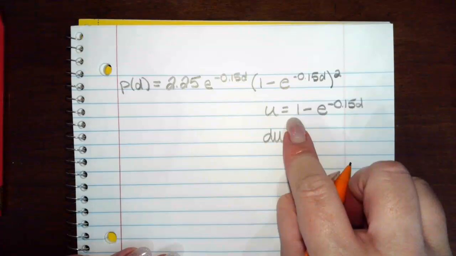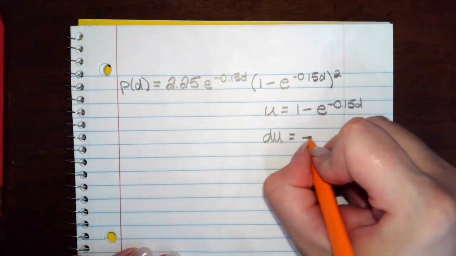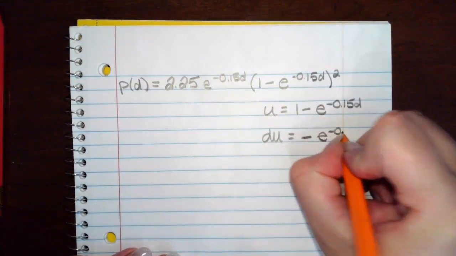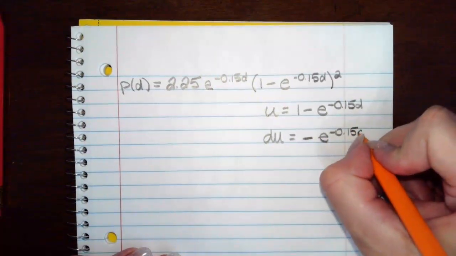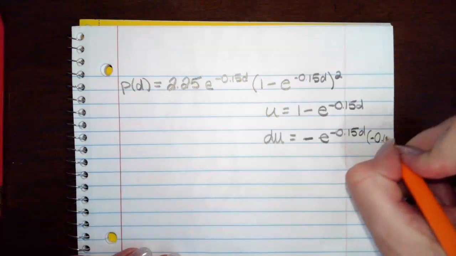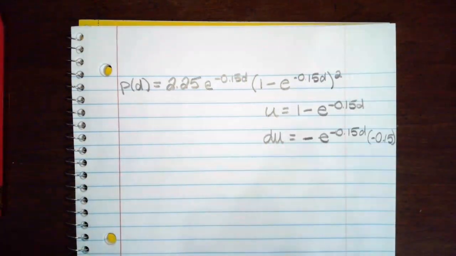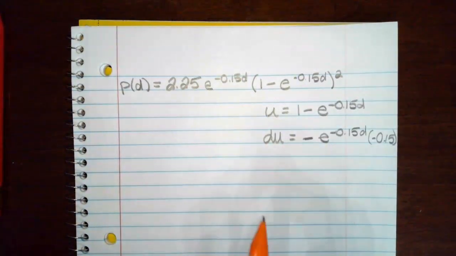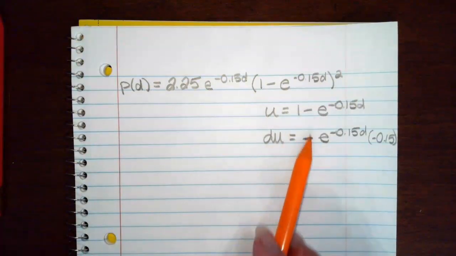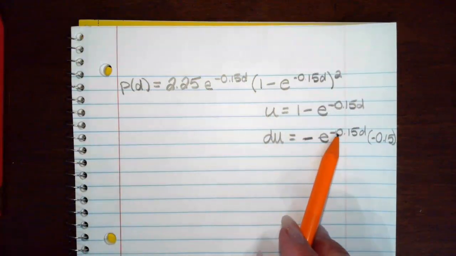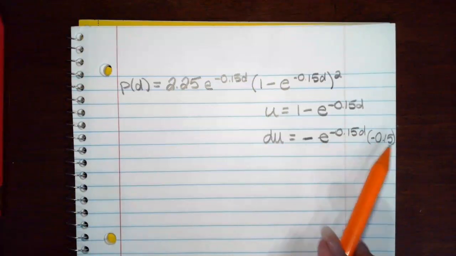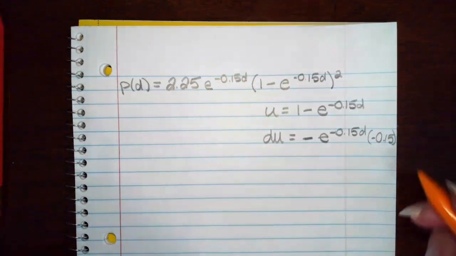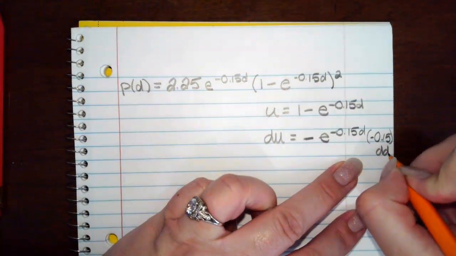Derivative of 1 is 0. And then I get negative E to the negative 0.15 D times the derivative of your exponent, and that's dd.